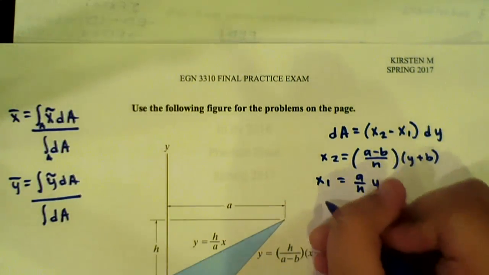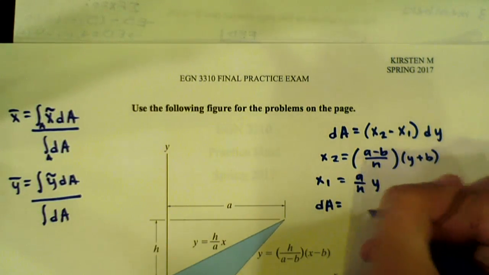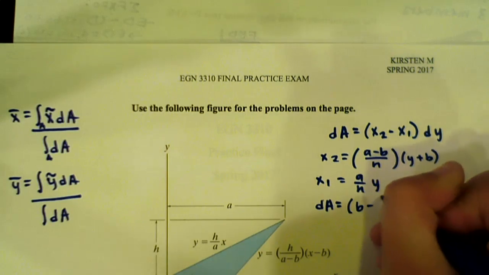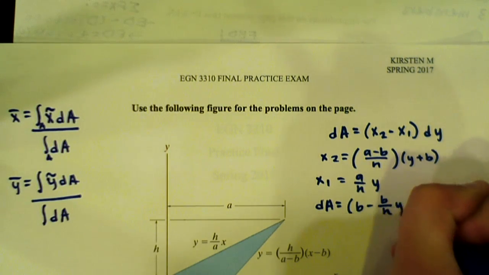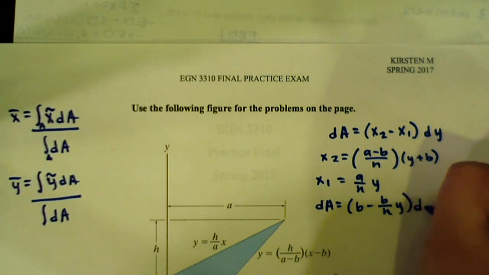So if we plug that in, dA is equal to b minus b over h y, and then I have it as dy.